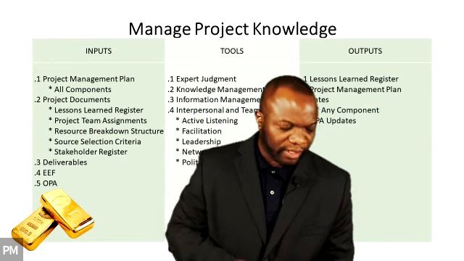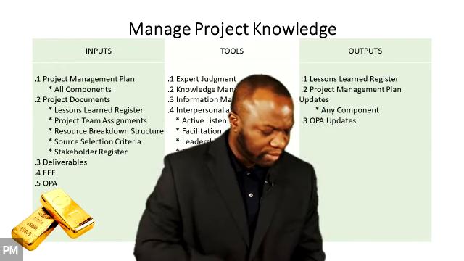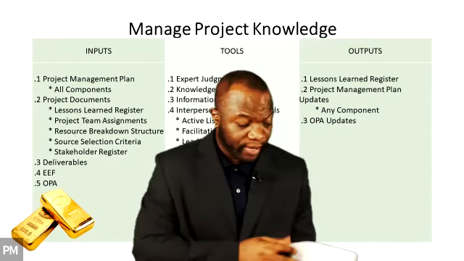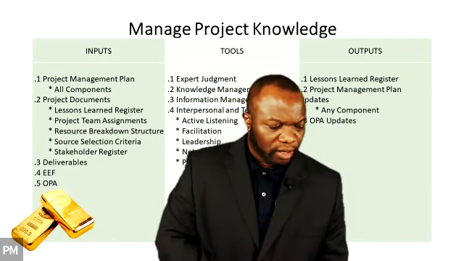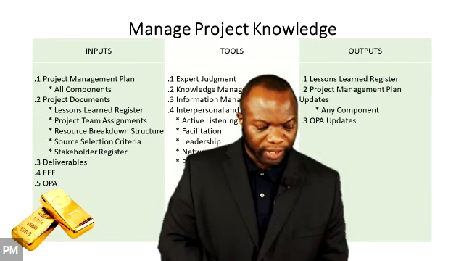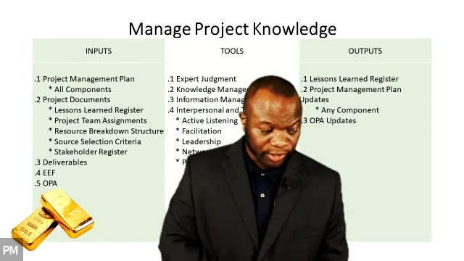Let's go to the last paragraph before interpersonal and team skills on page 104 at the top there, still under information management. The last paragraph is very important too. It says, knowledge and information management tools and techniques should be connected to the project processes and process owners.